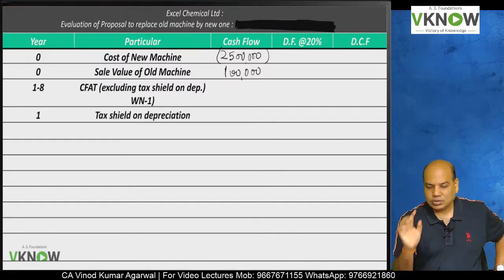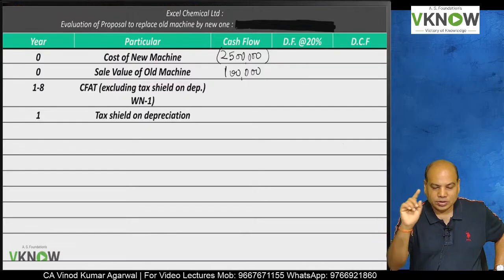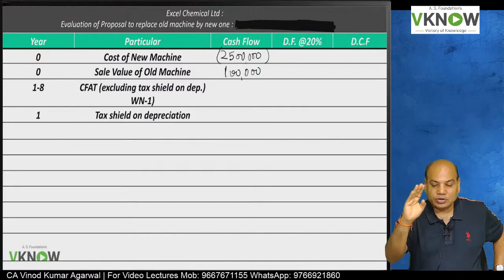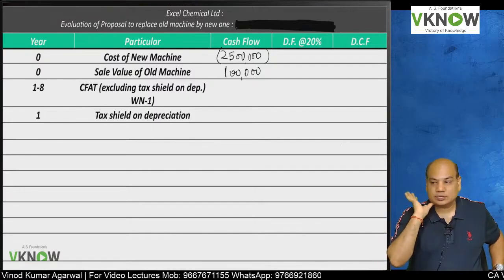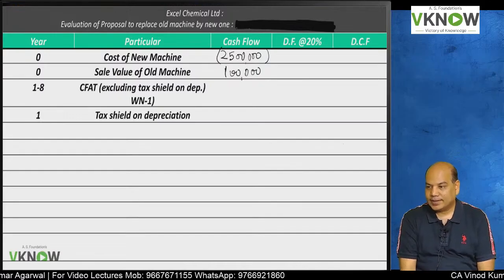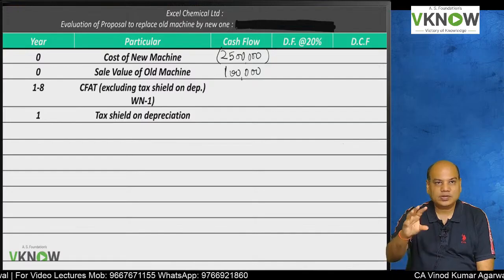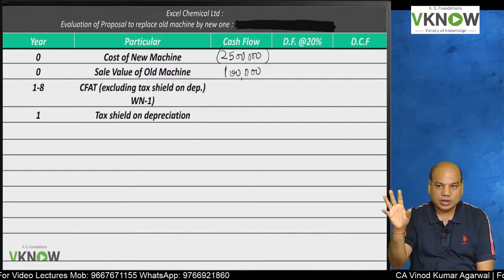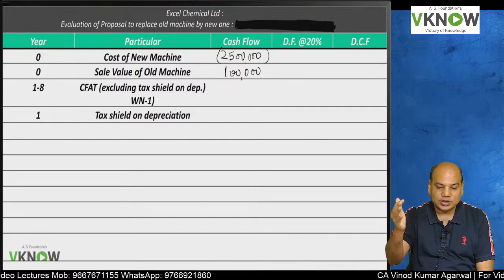1-8 write down CFAT. But in bracket I have written excluding tax shield on depreciation. What is the purpose? Other than depreciation, my CFAT is constant, but depreciation is different, so tax shield is different.